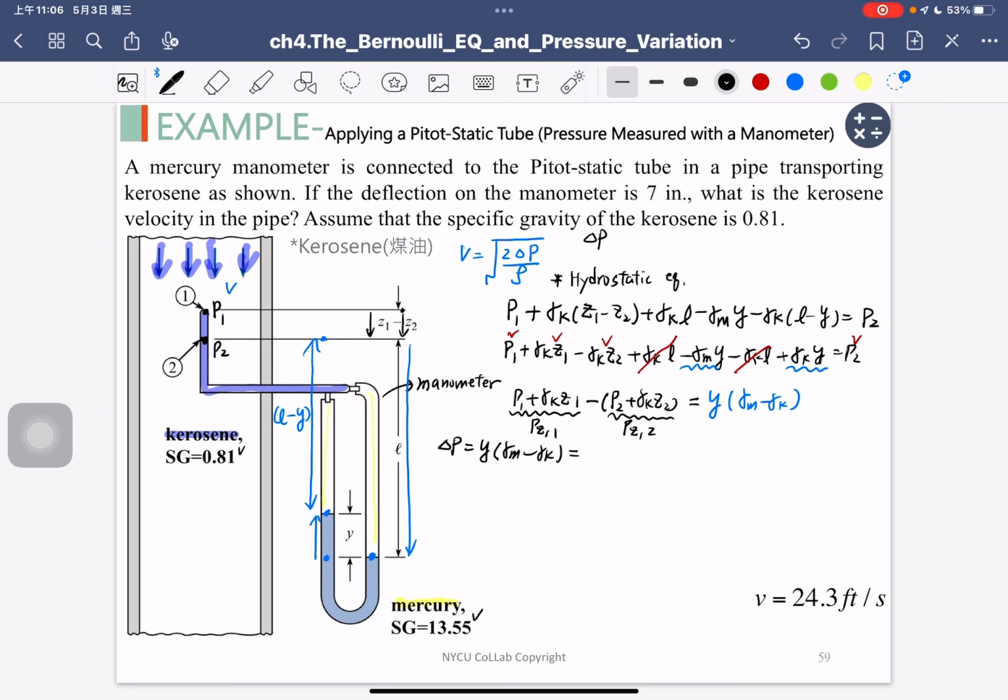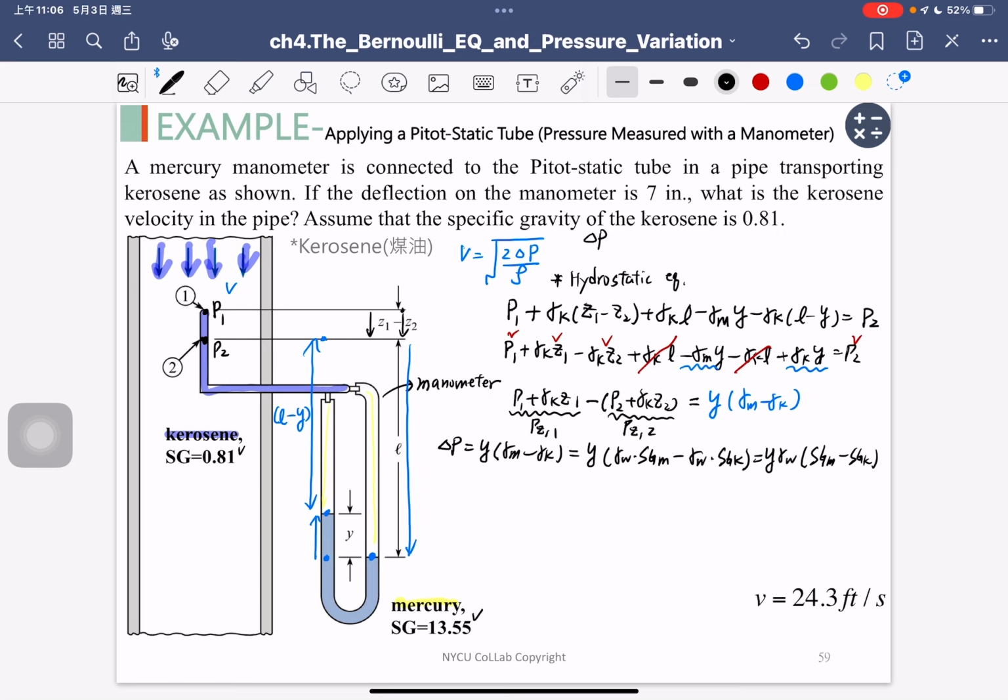So I replace gamma n by gamma w multiplied by SGn, minus gamma w multiplied by SG kerosene. I use SGk, so I can take gamma w outside. The outside equals y gamma w, and the inside is SGn minus SGk. Okay, so I have the delta p.